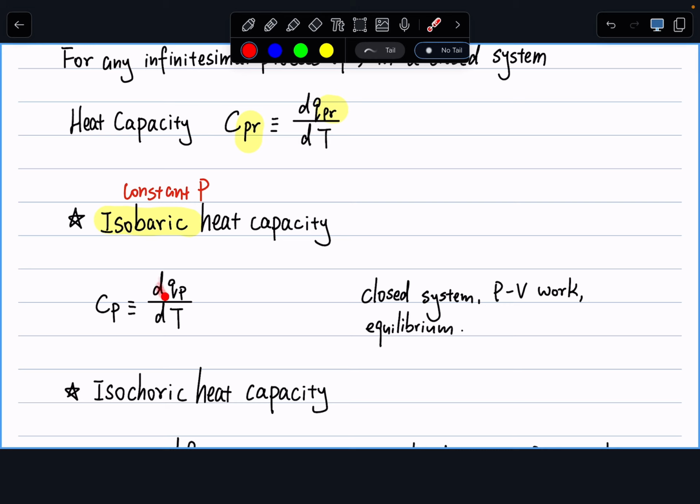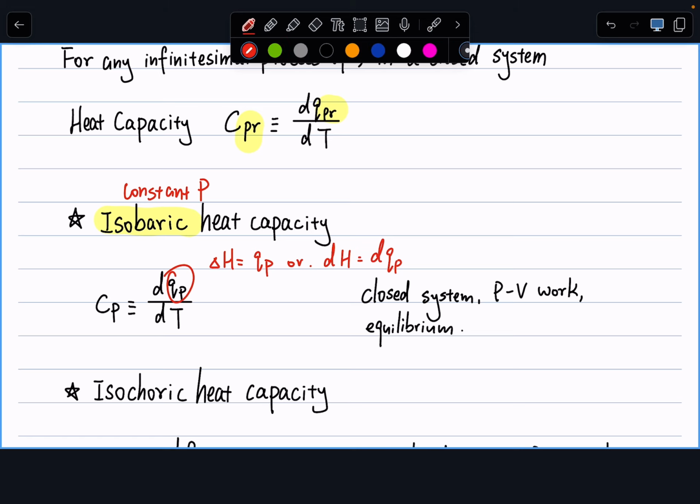And Cp is defined as the infinitesimal change of heat at constant pressure over temperature. Recall at the end of our last lecture, we gave enthalpy a physical meaning. For any closed system that undergoes only reversible PV work, delta H equals Q_P, or we can say the infinitesimal change of H equals dQ_P.